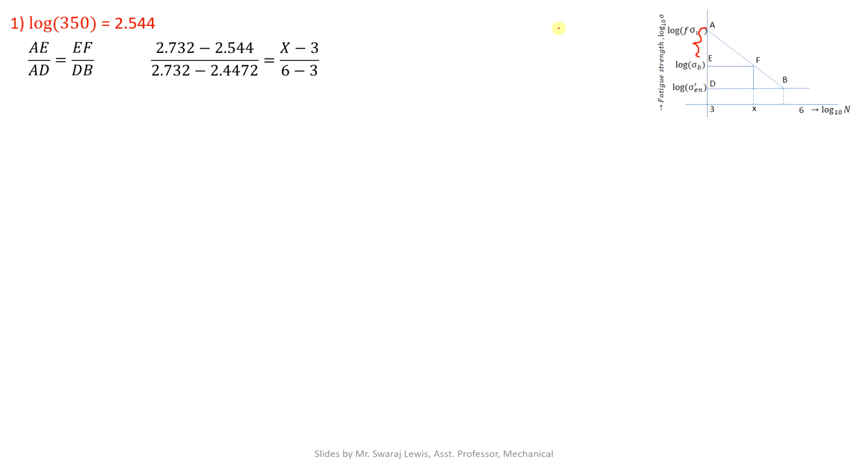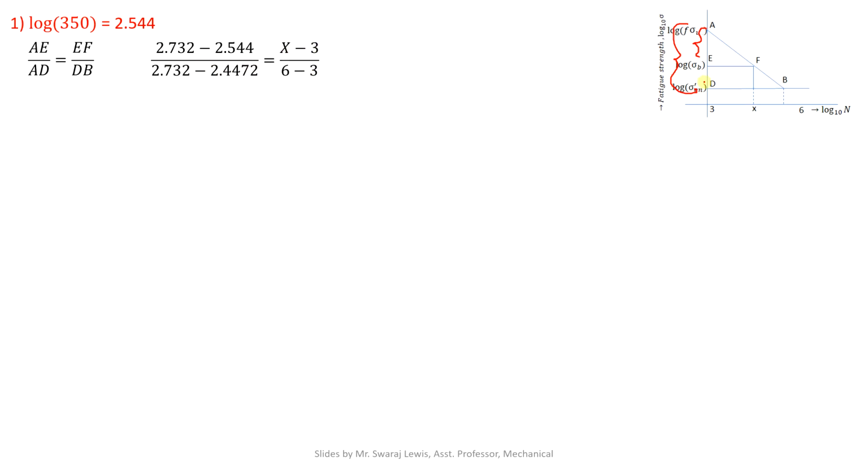So that gap is 2.732 minus the value of E, 2.544. So you get that difference. Whereas AD is nothing but point A minus point D, so you subtract the A value and the D value, that difference.